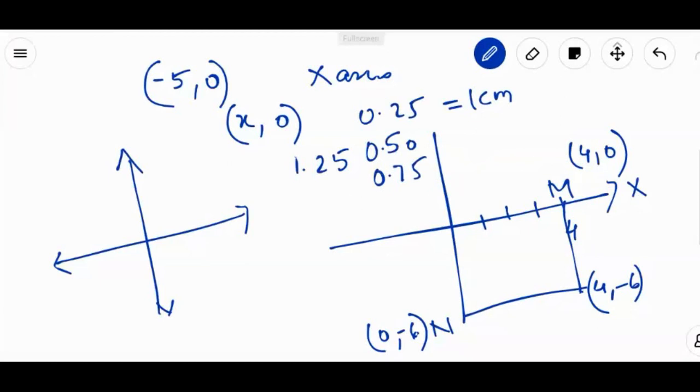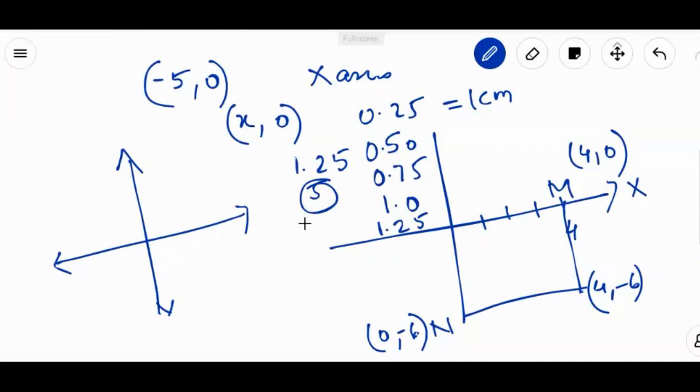4 centimeter will be 1. 5 centimeter will be 1.25. So you have to plot 1.25. That means actually you have to take 5 units here. This way you change the table which is given to you and you will get it according to your scale.